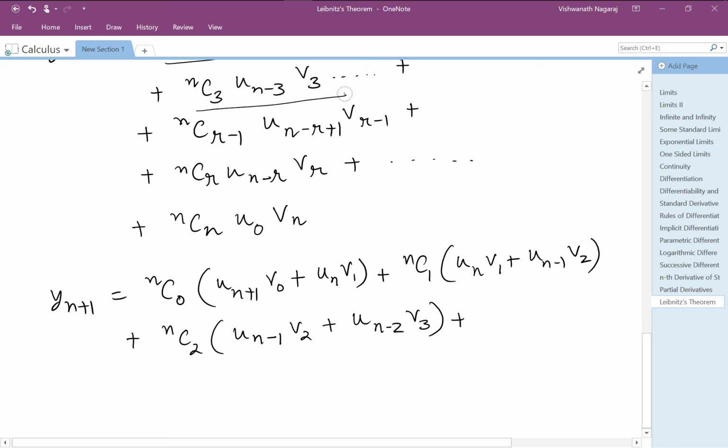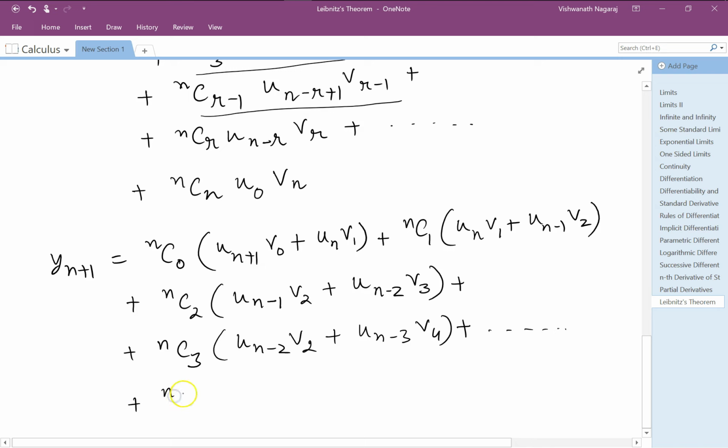Now we are taking this plus nc3 u n minus 2 v2 plus u n minus 3 v4 plus ncr minus 1 u n minus r plus 2, and v remains as it is, r minus 1, plus u n minus r plus 1, and v becomes r plus 1.